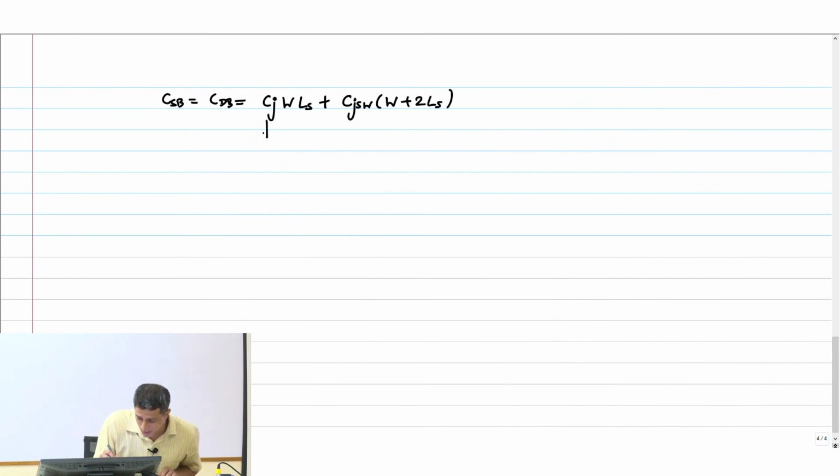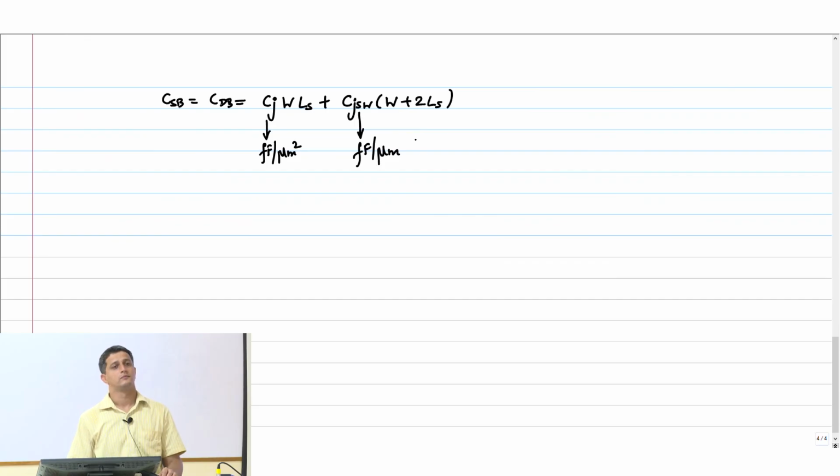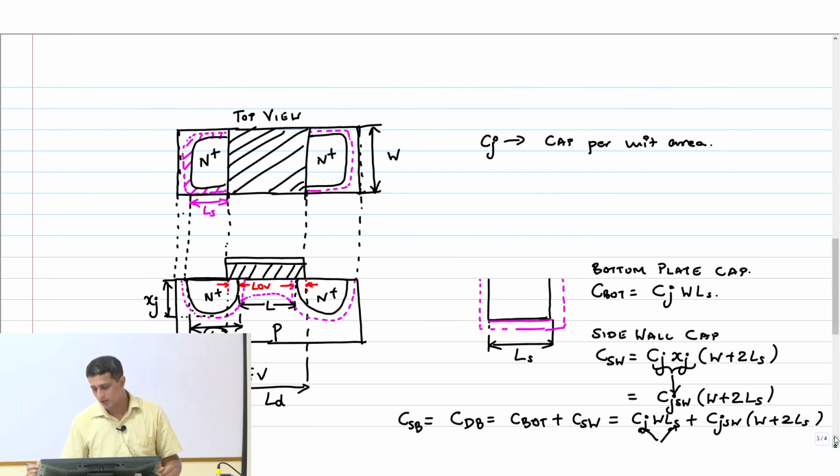This guy is femtofarad per micrometer square, capacitance per unit area. This guy is femtofarad per micrometer. What I am asking you is, why do I have to worry about that? Why didn't I make this also? Because LS is also fixed for a technology, doesn't change with W or nothing. So why can't I just give you that as one number?